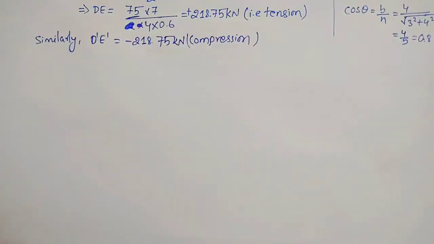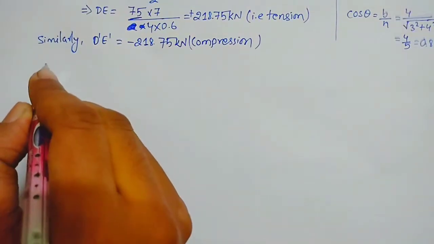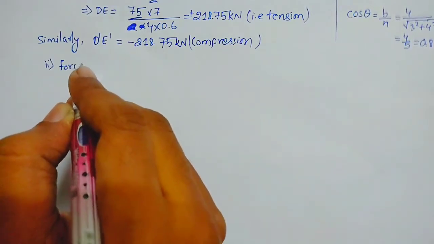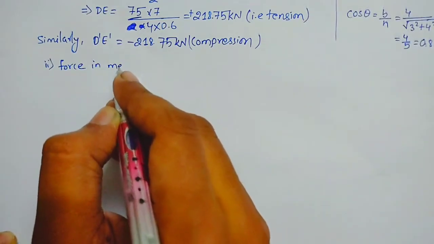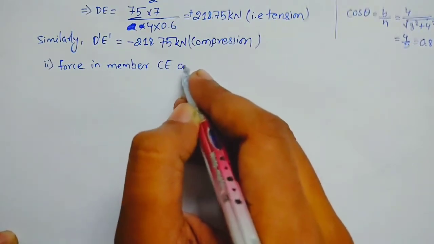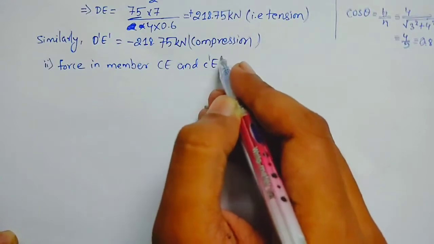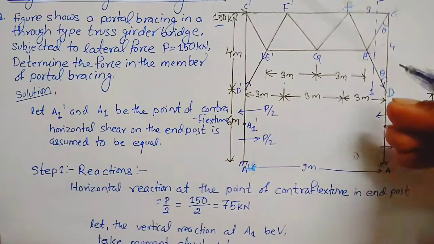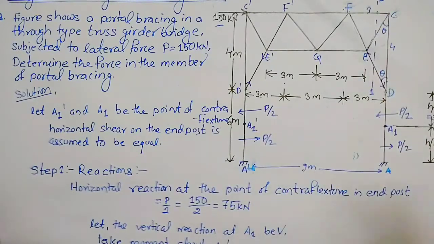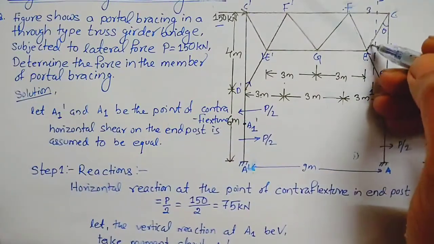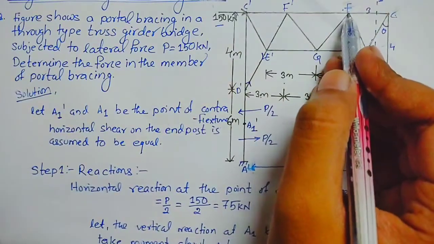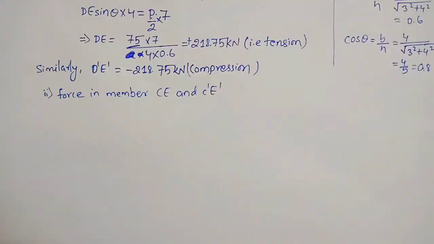Now let us find the force in another member, that is the force in member CE and C dash E dash. So guys, as we are finding the force in member CE, we need to resolve this CE into the vertical direction, and we will take the moment about F. So let us write this line here.